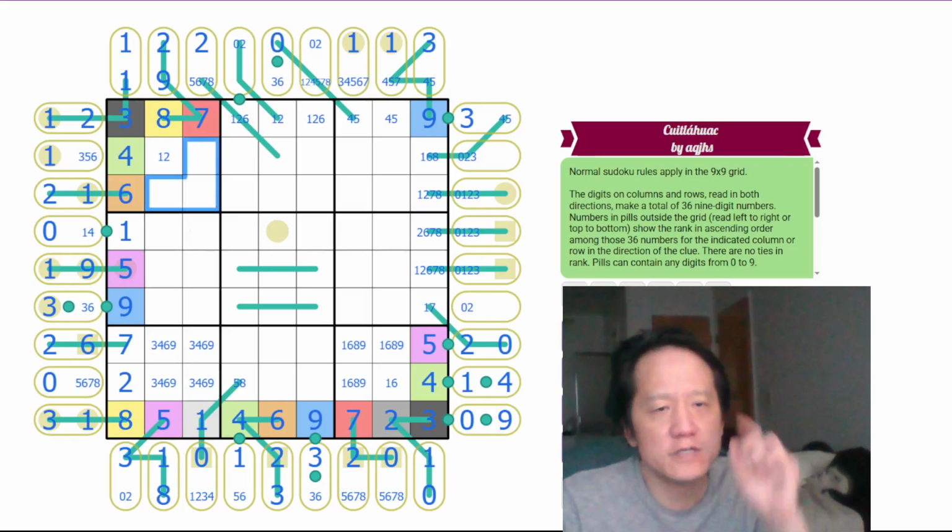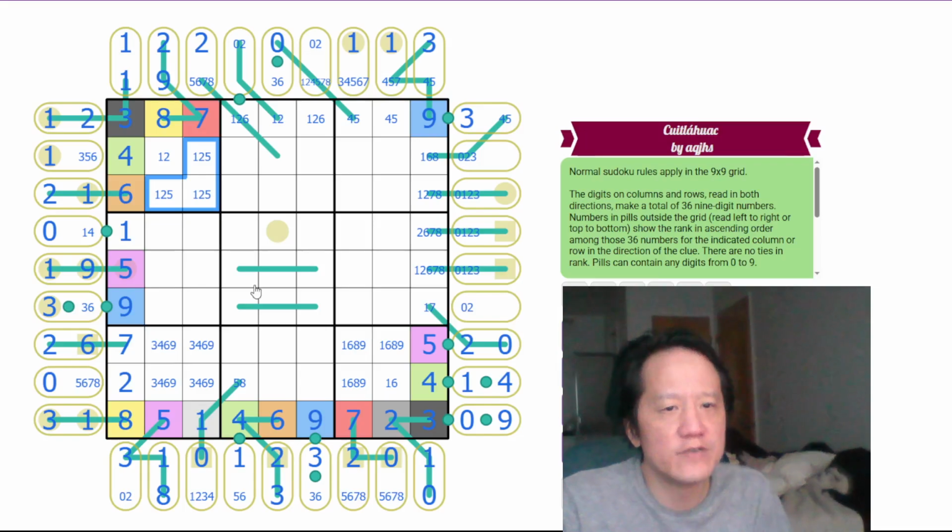The remaining digits here are what? 1, 2, 5, and 9. And 1 cannot be here. Okay.